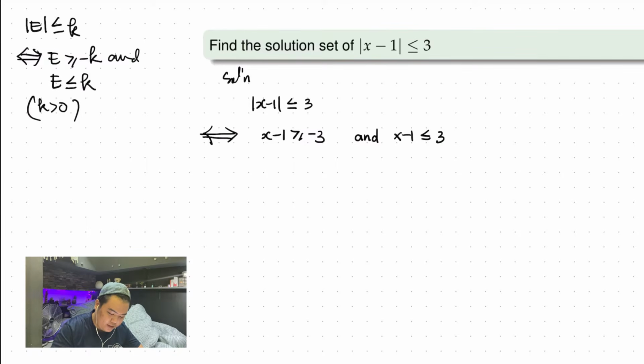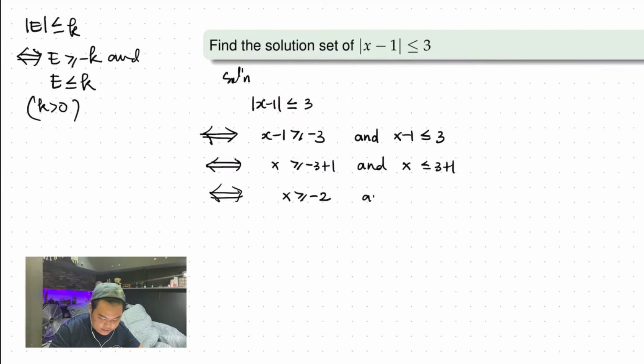Then, kukompute mo lang yung bawat isa. So, x is greater than or equal to negative 3 plus 1, and x is less than or equal to 3 plus 1. So, x is greater than or equal to negative 2 and x is less than or equal to 4.